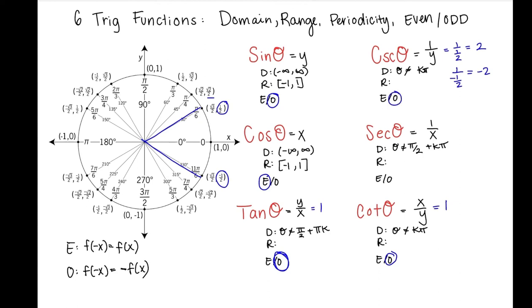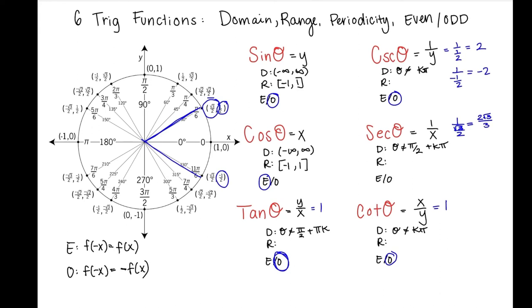Now we're looking at secant, and let's keep it with 30 and negative 30. So my input is 30, my secant is 1 over root 3 over 2. That simplifies to, if we do all of our work all the way out again, 2 root 3 over 3.